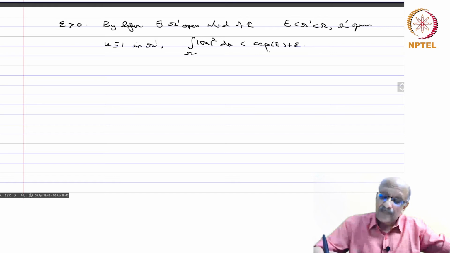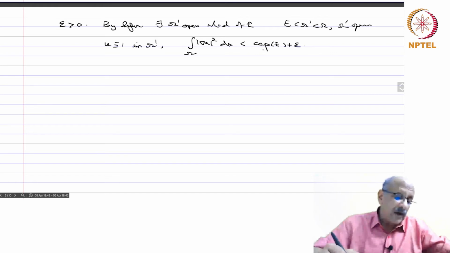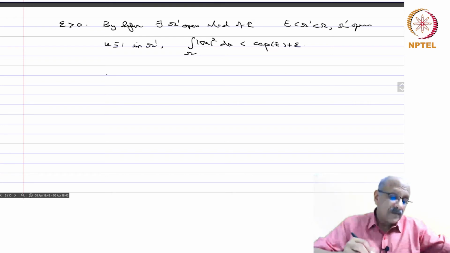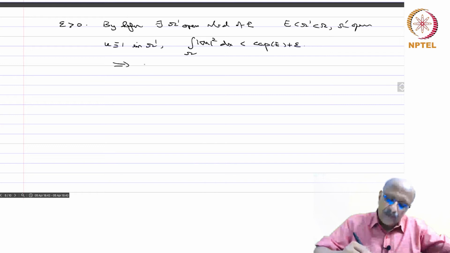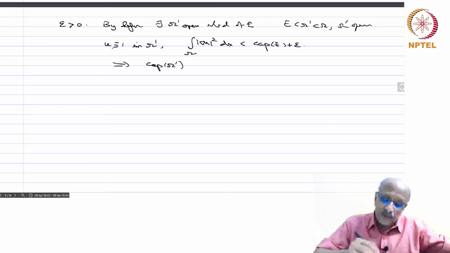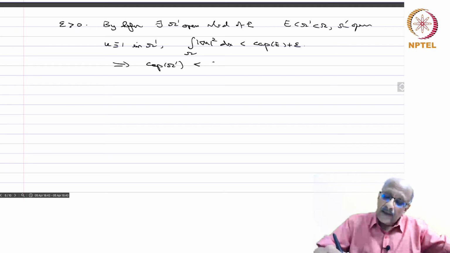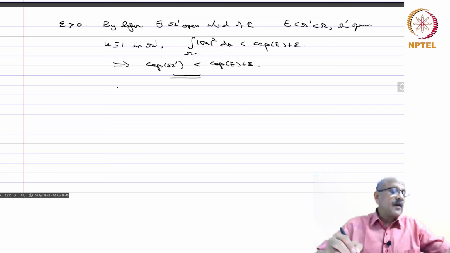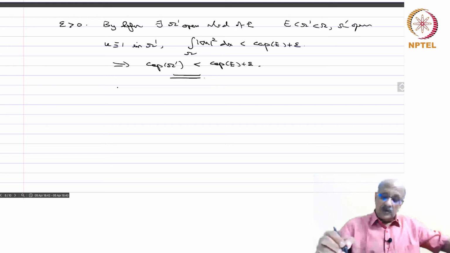So cap E is the infimum, so we can find one like this. Now because u is 1 in omega prime, which is an open set, this implies that cap of omega prime, which is the infimum of such functions, is less than cap E plus epsilon, and that proves the result. So we have that in fact the infimum is equal to the whole thing.